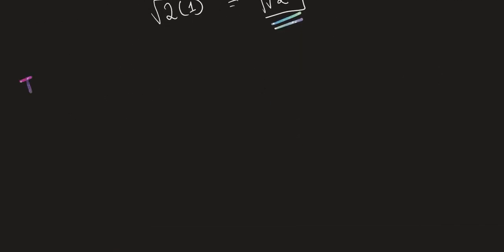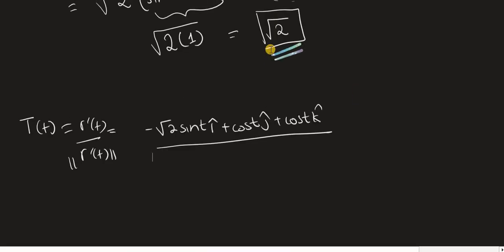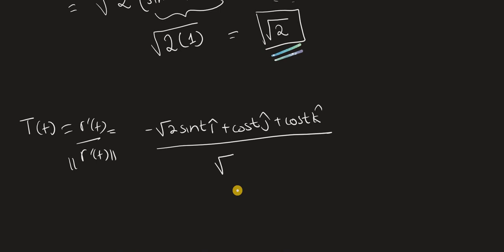So what's the unit tangent vector T of t? It's r prime of t over the norm of r prime of t, which is equal to negative sine t i hat plus cos t j hat plus cos t k hat over the norm of r prime of t, which we just calculated above, the square root of 2.